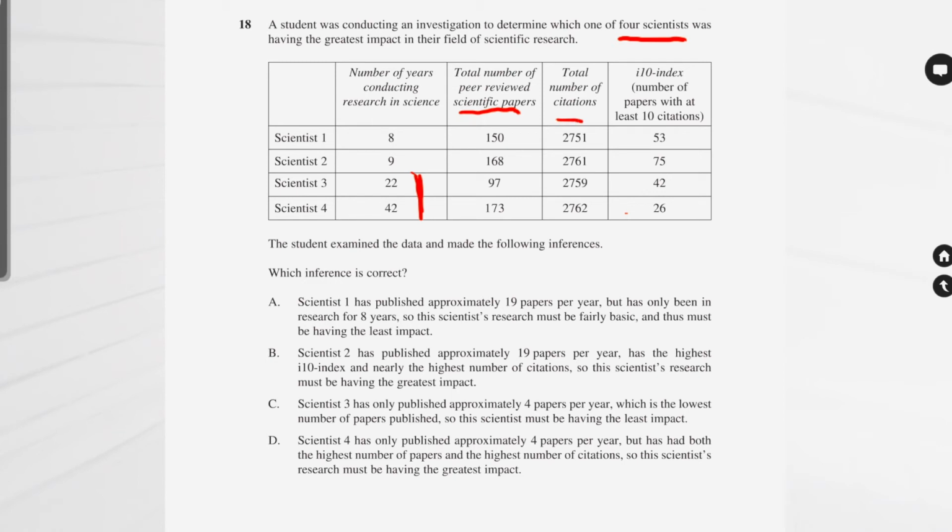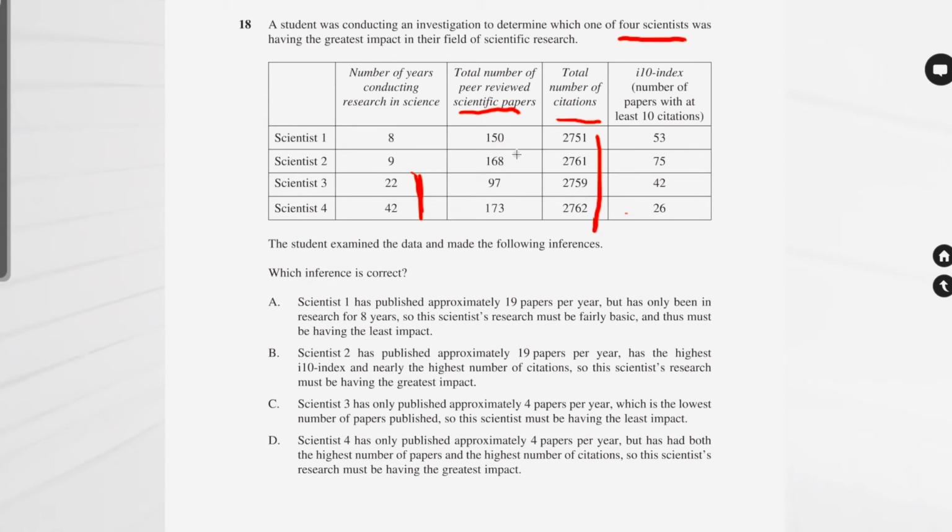Number of citations is probably good as well, and this i10 index, which is the number of papers that have been cited a huge number of times. One thing we can look at here is that the number of citations is reasonably about the same. They've all had a similar total number of citations.